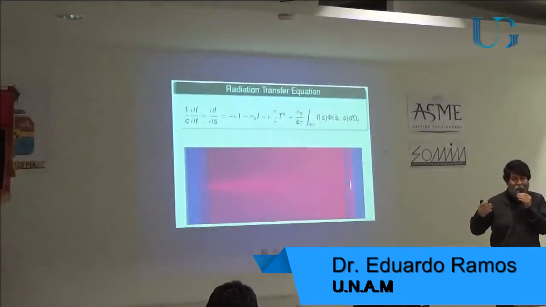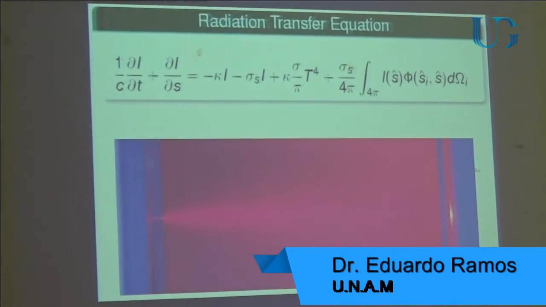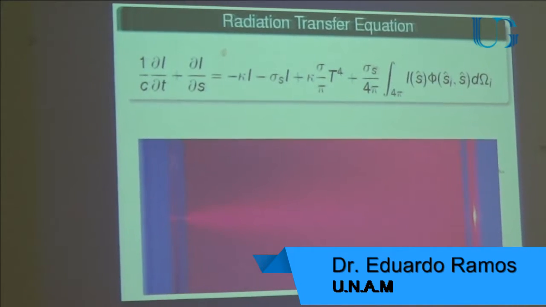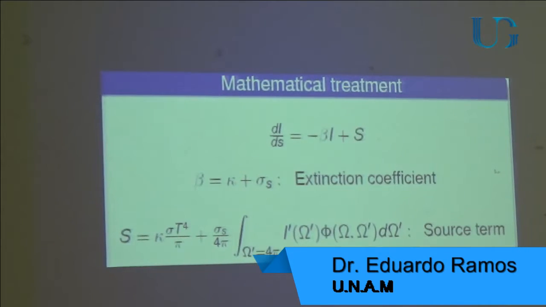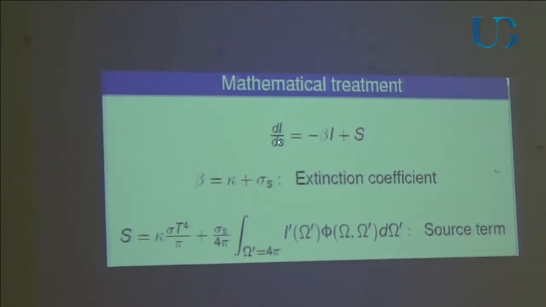I write the equation in terms of S in this very simple form: the change in the intensity of the beam is proportional to an extinction coefficient times the intensity of the beam, plus a source term that has to do with the temperature of the system and the scattering effect.